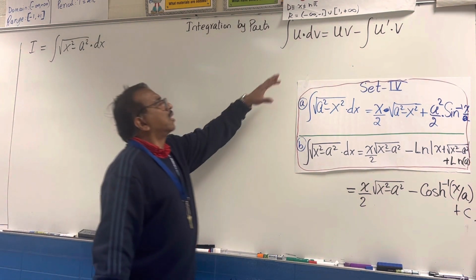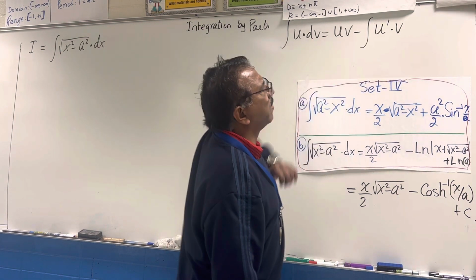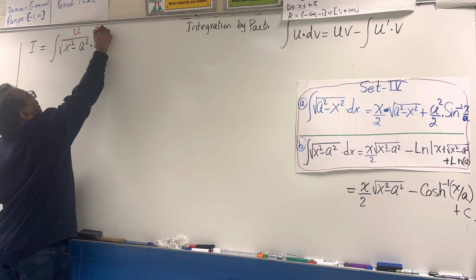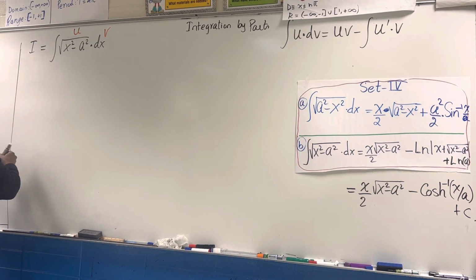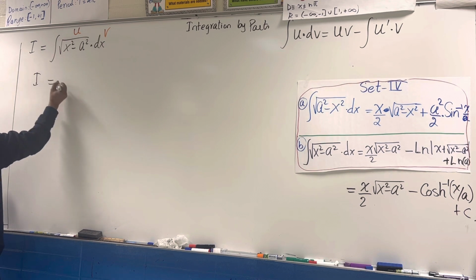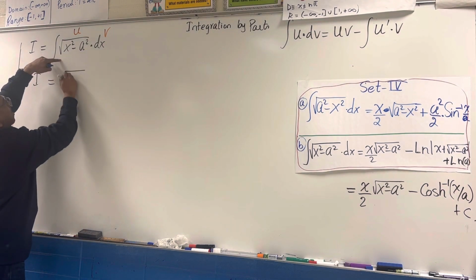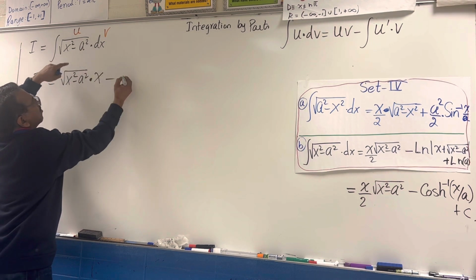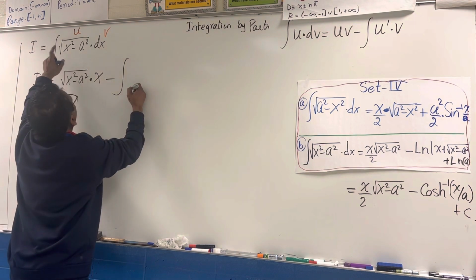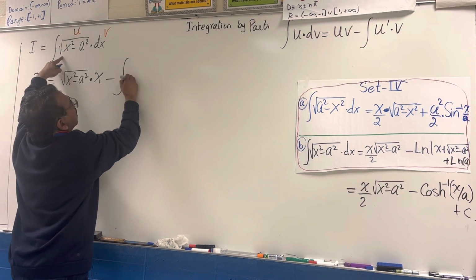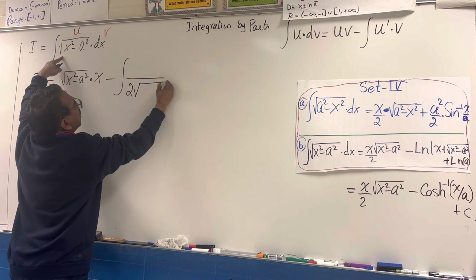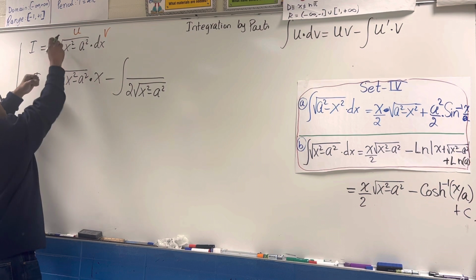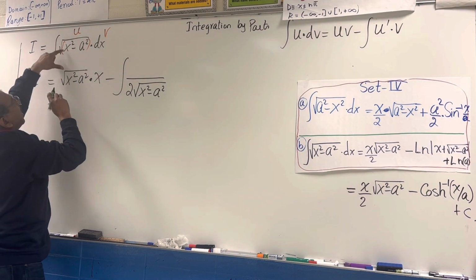The first thing I will do is integration by parts. You see this: uv minus integral of the derivative of u and then v. So in this example, this is u and this is v, right? So this I will be equal to square root of x squared minus a squared times v, which is x, minus the integral of the derivative of the square root, which is 1 over 2 square root of x squared minus a squared, and then the derivative of the inside, which is 2x, because the a squared will be 0.